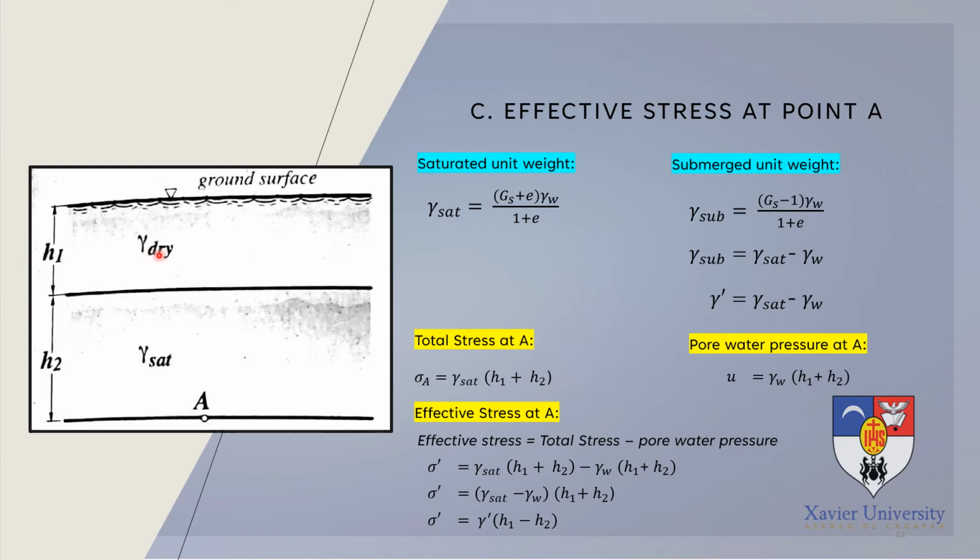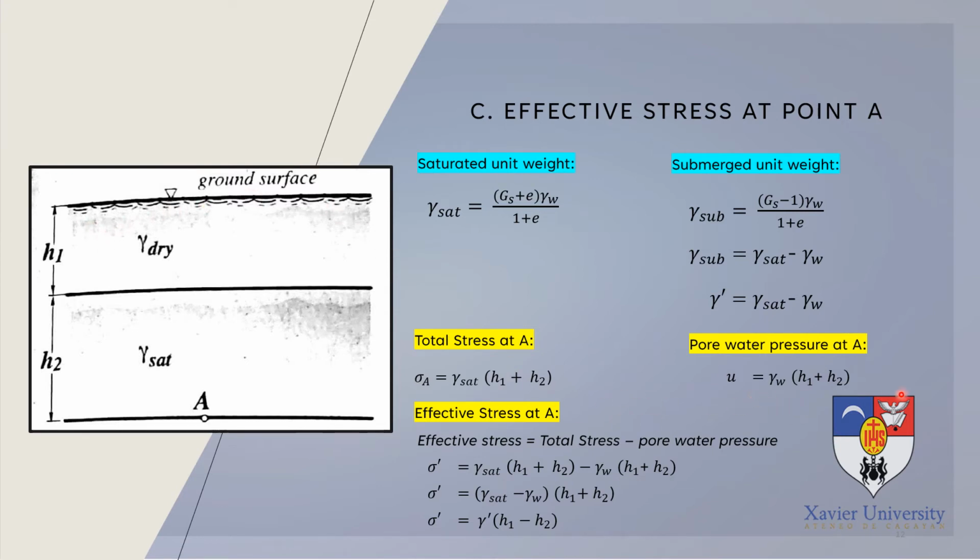So sometimes in some other problems, we are also required to really analyze the soil profile, no? So the total stress at point A is basically the stress due to the layer with H2 and the layer with H1. So we are going to use the gamma sat because the situation presents that our groundwater table is actually on the ground surface.